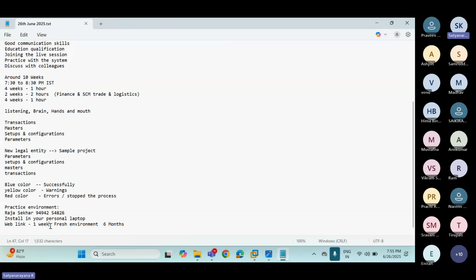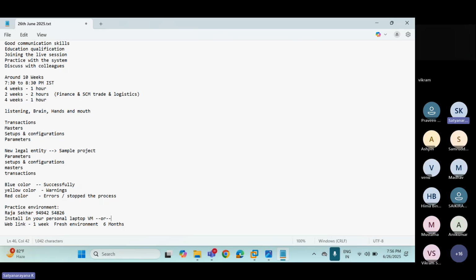Whether you use it or not, after 1 week it refreshes. This web link is provided by another website, LearnOn. Rajshekar purchases from that environment and doesn't have any control over it. But if the VM is installed in your laptop, then he has control over the environment. So these two options are there. You can check the options with him.